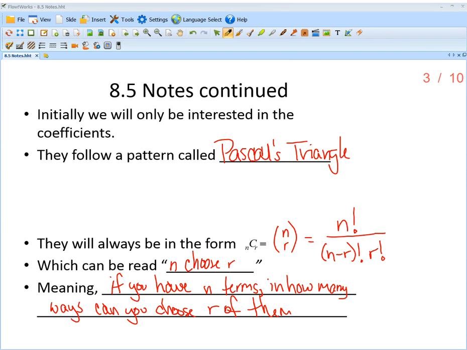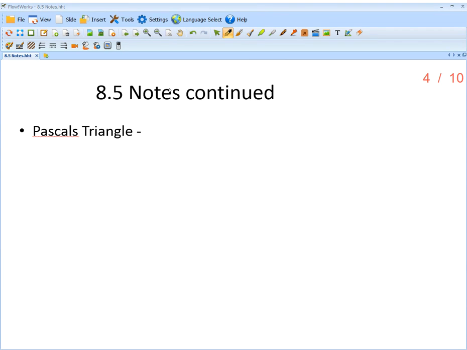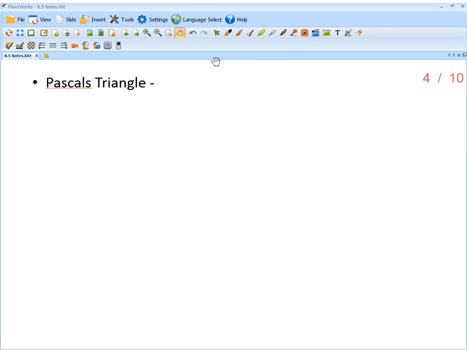So what we want to talk about next is the actual Pascal's triangle. If we go to our next slide, it's sort of a blank slide, not very interesting. We should have an apostrophe on Pascal's. So, Pascal's triangle. At the top of the triangle, you have 1. Ooh, fun. And then on your next row, you're going to have 1 and 1.